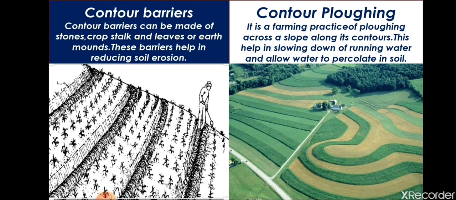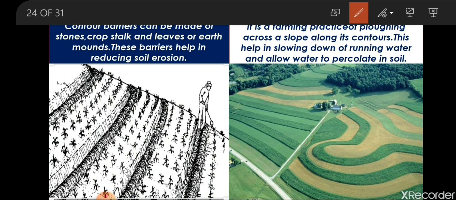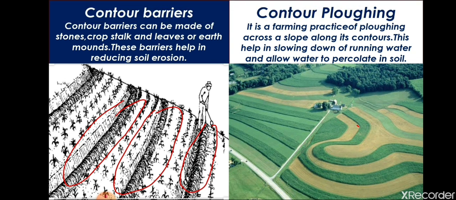You can see in the picture, these are the contours. These contours help in decreasing the speed of the flow of water. They are made so that the water can stop here, or its speed becomes slow.